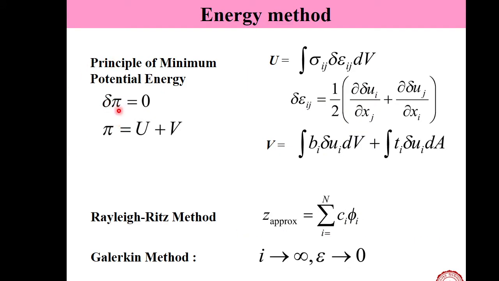This pi is total potential, which is U plus V. And what is this V? This is work done by the forces. Body force and traction. Right? This is clear. So this U part we have calculated. Yes. Now this V, it is basically the negative of the work done, which is known as work function.